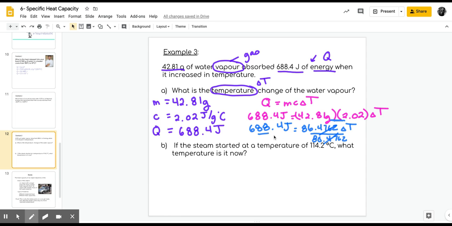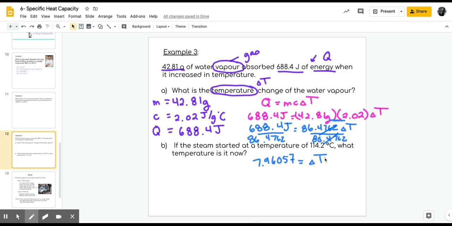Whatever I do to one side, I do to the other. Okay. And 688.4 divided by 86.4762 should give you 7.96057. And that is delta T.